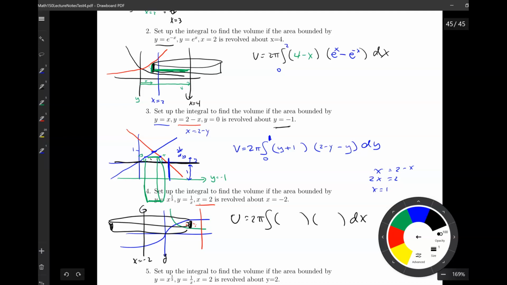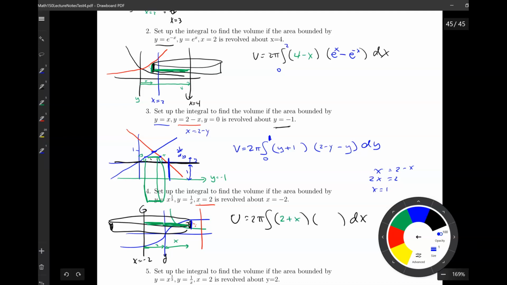So the radius, which is from here to the y-axis, all the way out to here. So this distance from here to here is a distance of 2, and this distance here to here where I'm building the rectangle, that's a distance of x. So it's going to be 2 plus x for the radius.